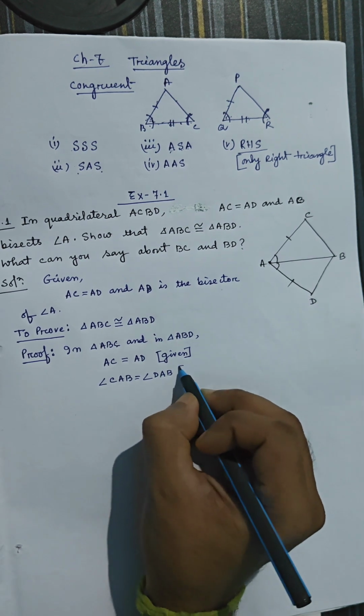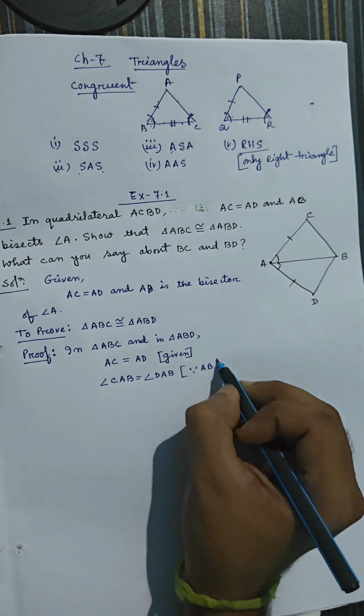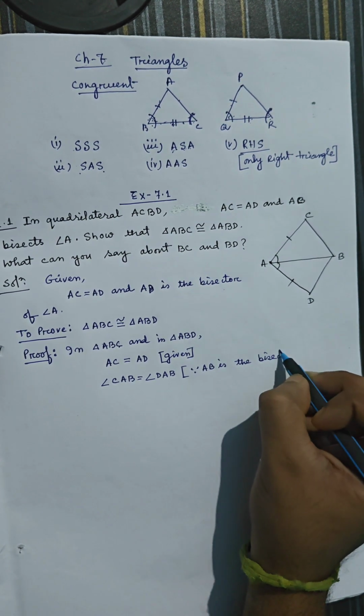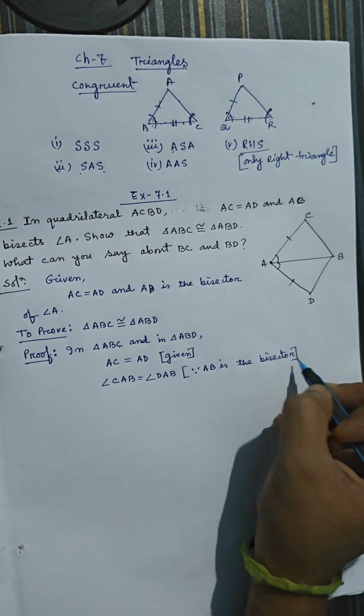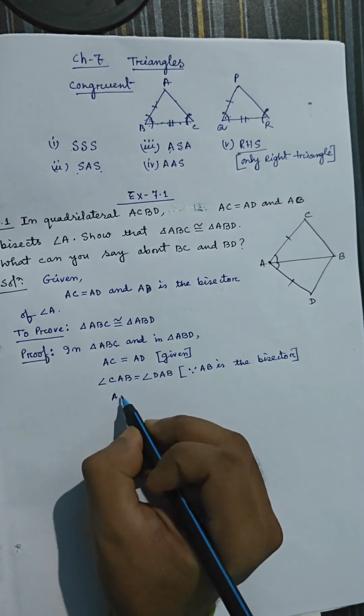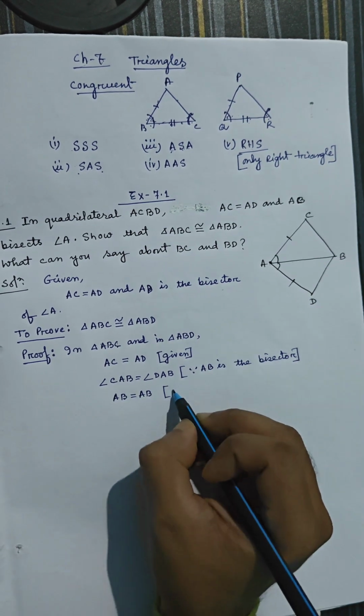What will we write in the bracket? Since AB is the bisector. And the last one, AB is equal to AB. It is the common side.